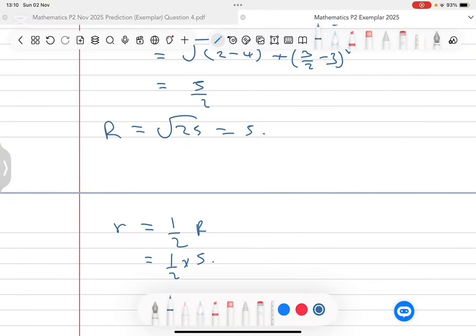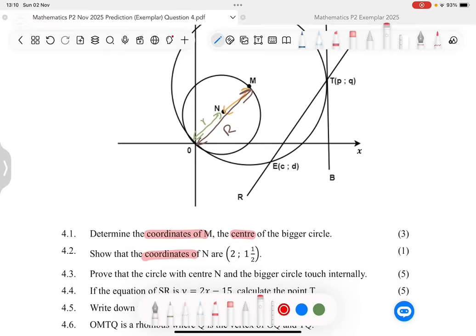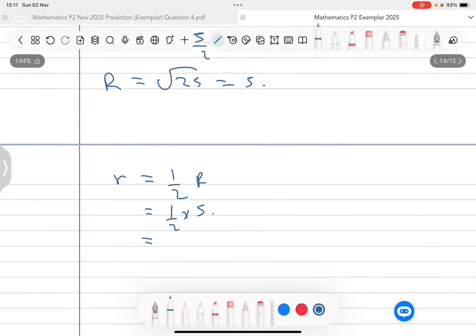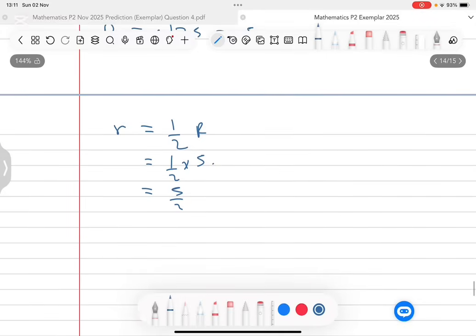Alternatively, you can use the distance formula if you like to find ON. You have the point 0, 0, and the point here 2, 3 over 2. You can compute that, and when we do this, we're going to get 5 over 2. Now, what I'm going to do is say R minus r, the radius of the big circle minus the radius of the small circle.